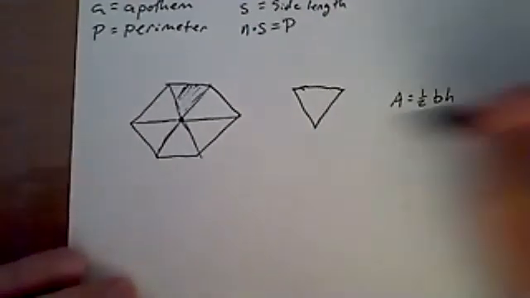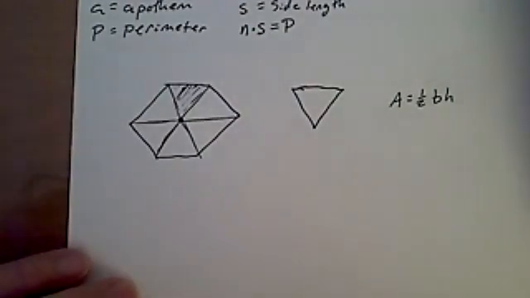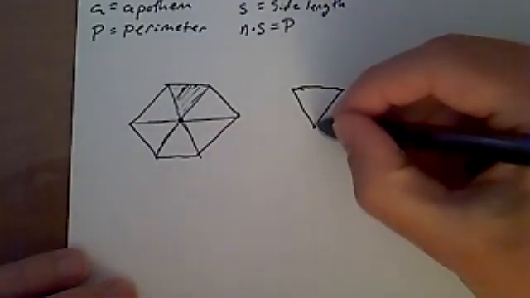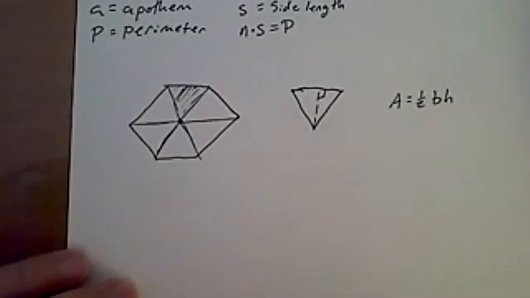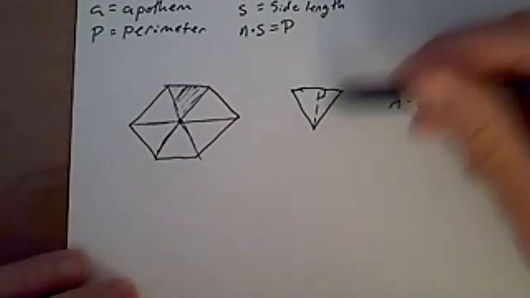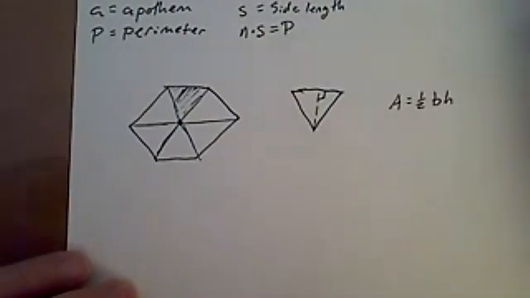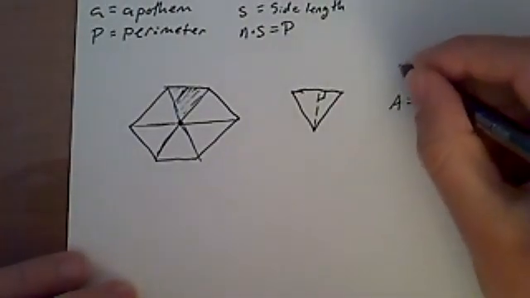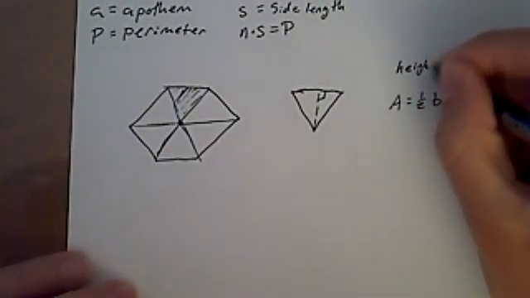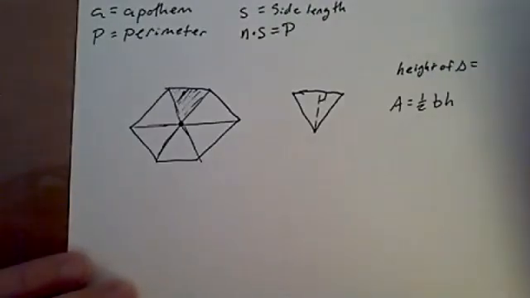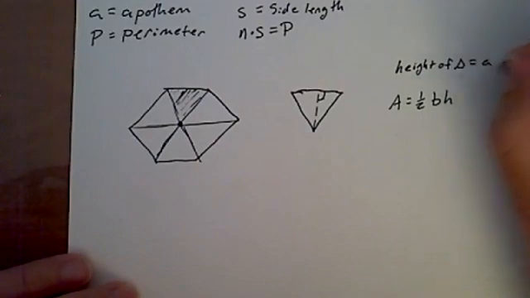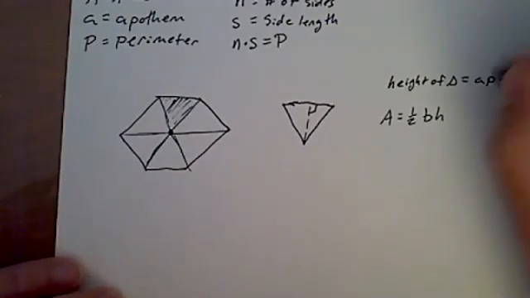And well, it's not just a triangle here, right? Because this is a hexagon, right? This one specifically, we draw in the height. Oh, notice that the height of the triangle, or any of these triangles, is actually equal to the apothem.